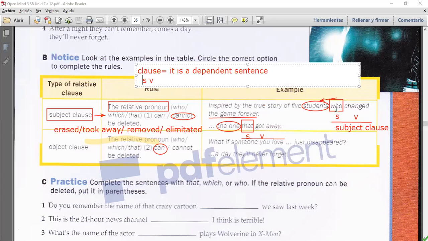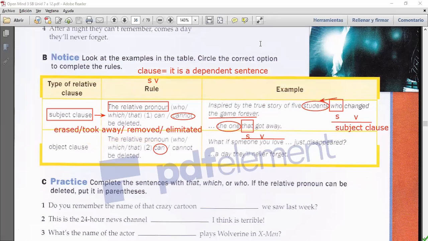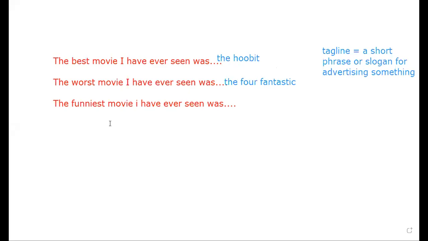Why is who a subject? Because it is in place of the noun. Maybe you don't get it, this word. Who, the relative pronouns.